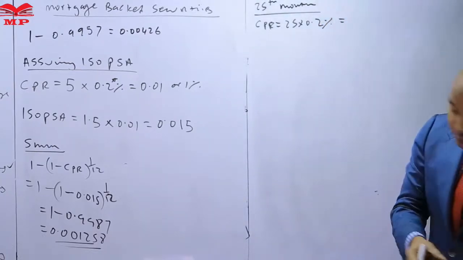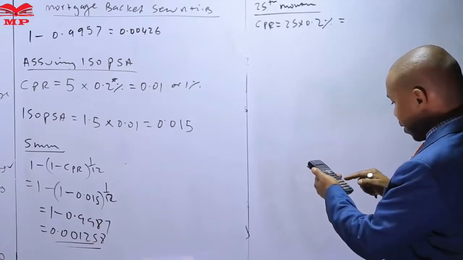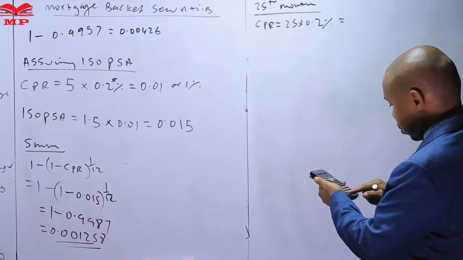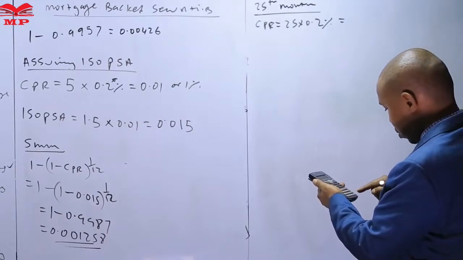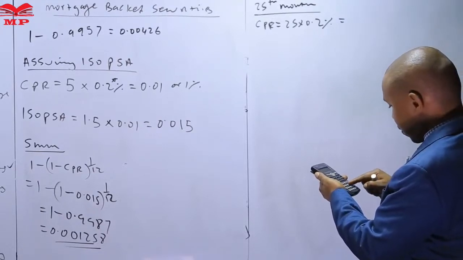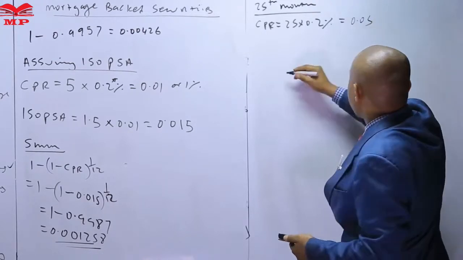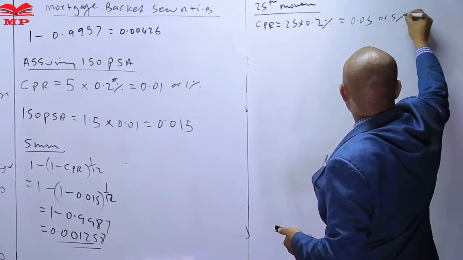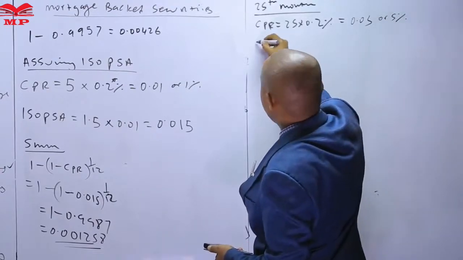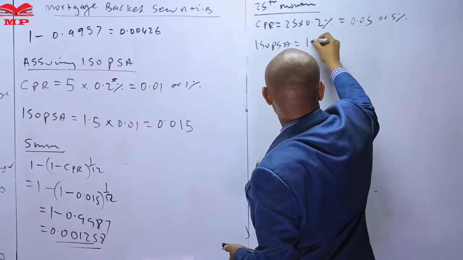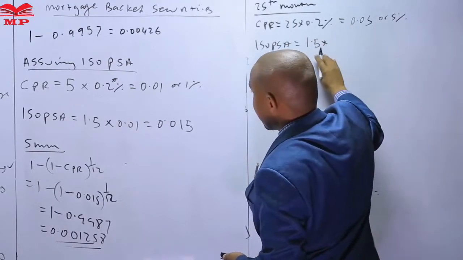I've already rubbed it off, unfortunately. So it's 25 times 0.002, which is 0.05, or 5%. Now 150 PSA is given as 1.5 times 0.05.